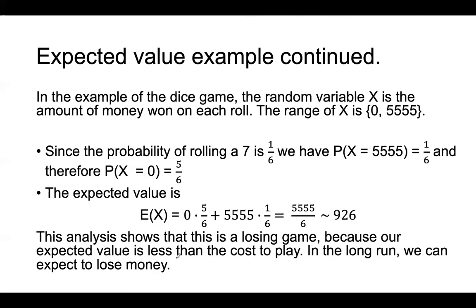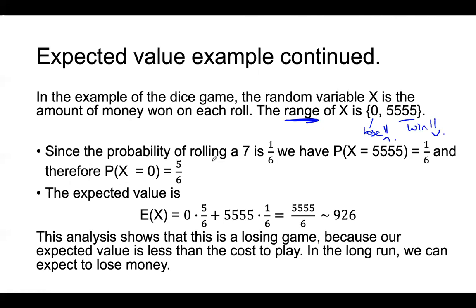So this is our previous example. So in the example, the random variable X is the amount of money won on each roll. So this range of X is basically the outcomes. So you can either lose, or you can win. Let's draw pictures.